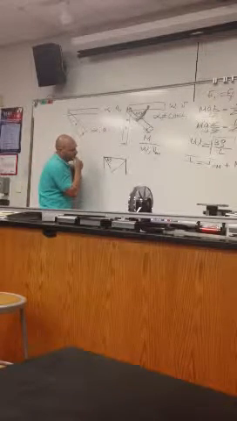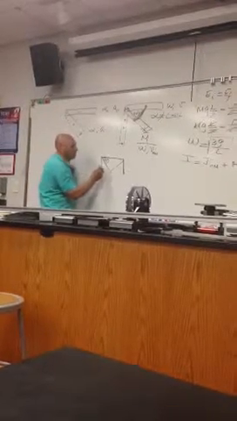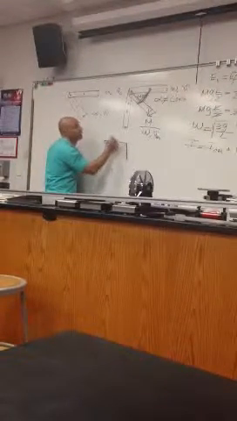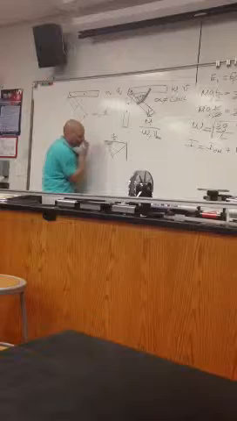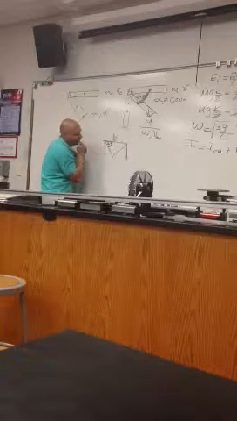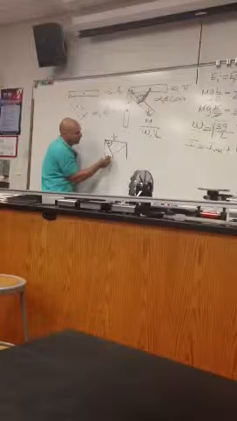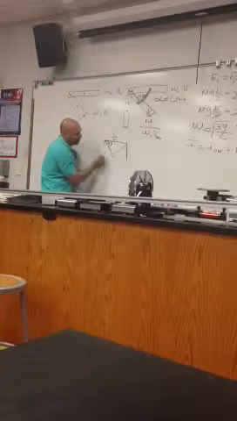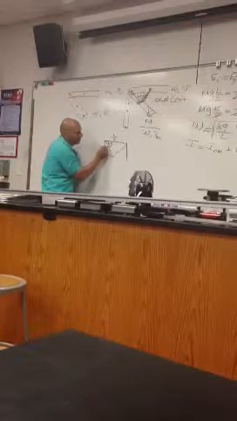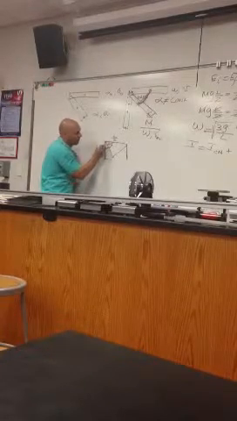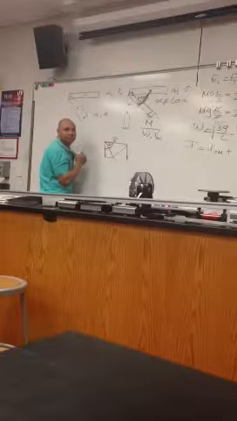Okay, let me see if it's sine or cosine. So we have the length, which is L over 2. This is 30 degrees. So this will be 60 degrees, and this is the adjacent side of the 60 degree angle. Can you see that?